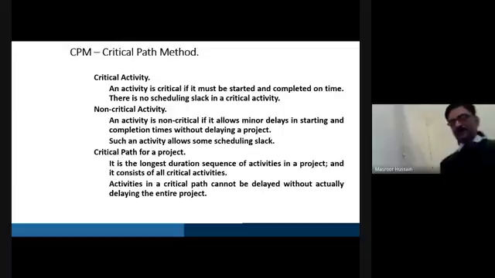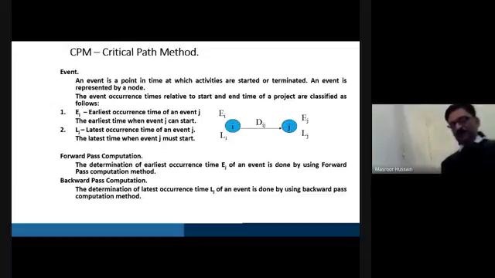We already understood what critical activities and non-critical activities are. We got practice with the forward pass computation, which we use to find the earliest occurrence times for all the events, and the backward pass computation to find the latest occurrence times of all the events in the network. Very quickly, we are going through that.